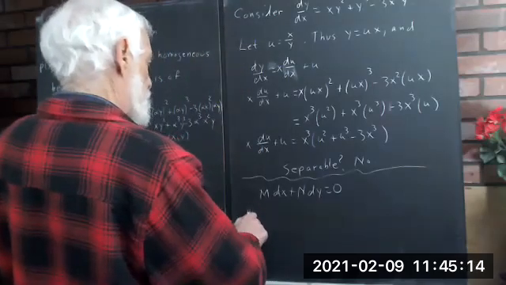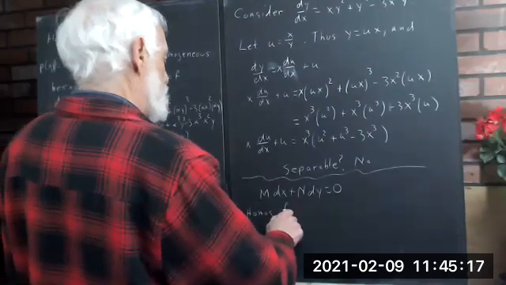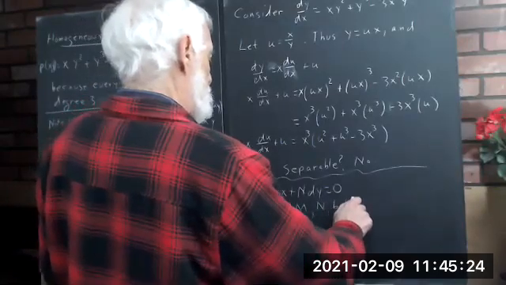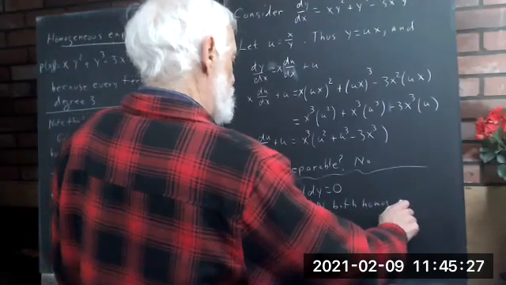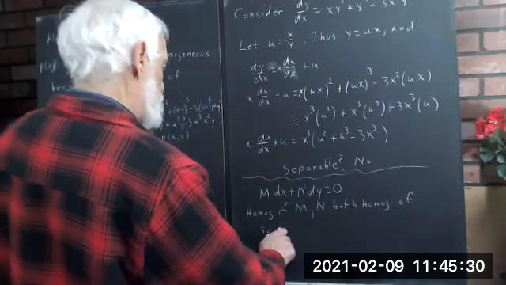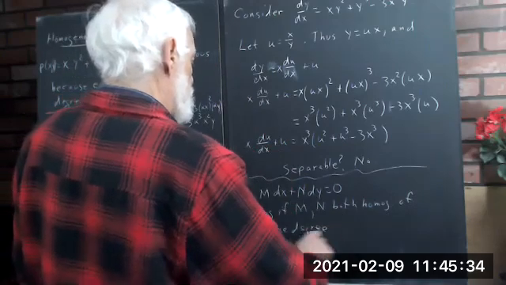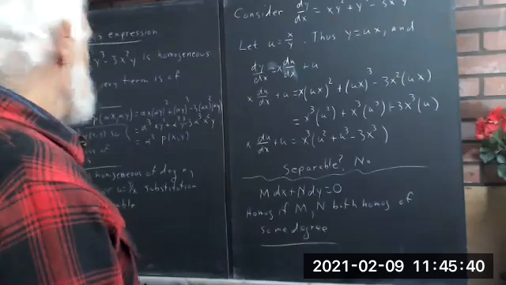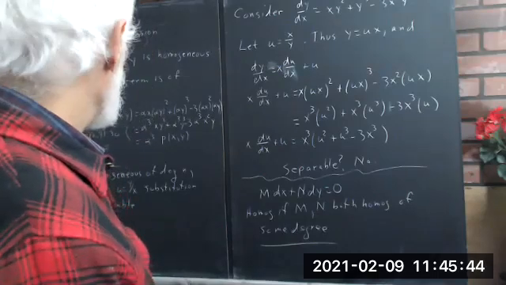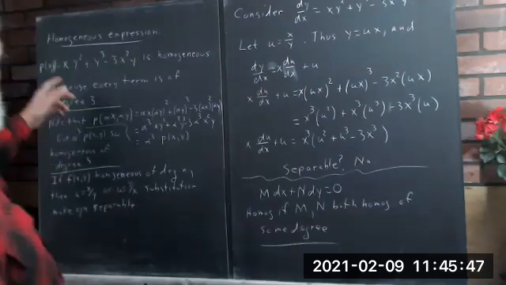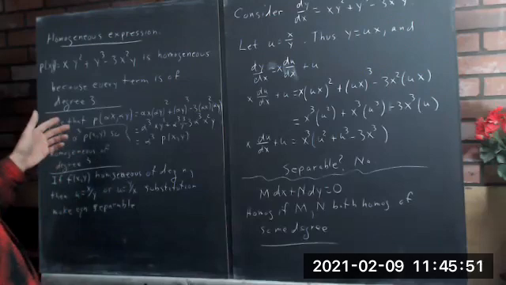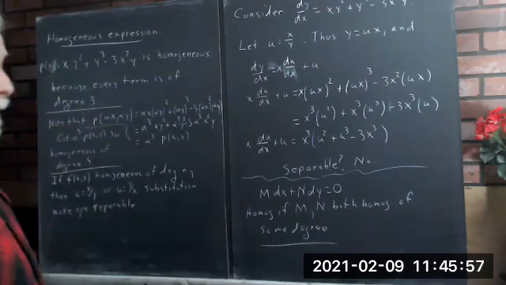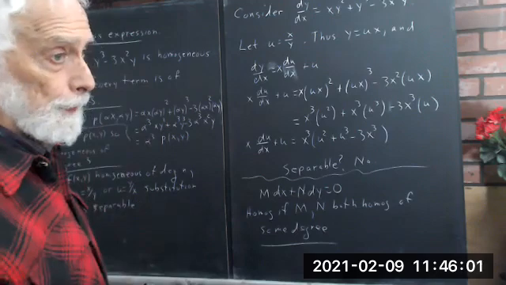And homogeneous if M and N are both homogeneous of the same degree, which means that I had a brain glitch, whatever you want to call it, when I jumped to this conclusion that this equation is homogeneous. It's not. It would have to have a denominator over here that's homogeneous of the same degree.